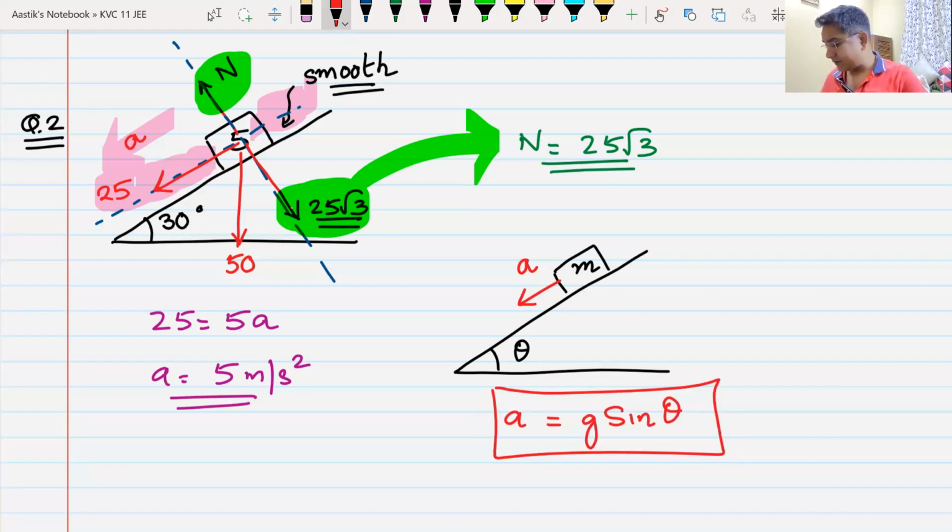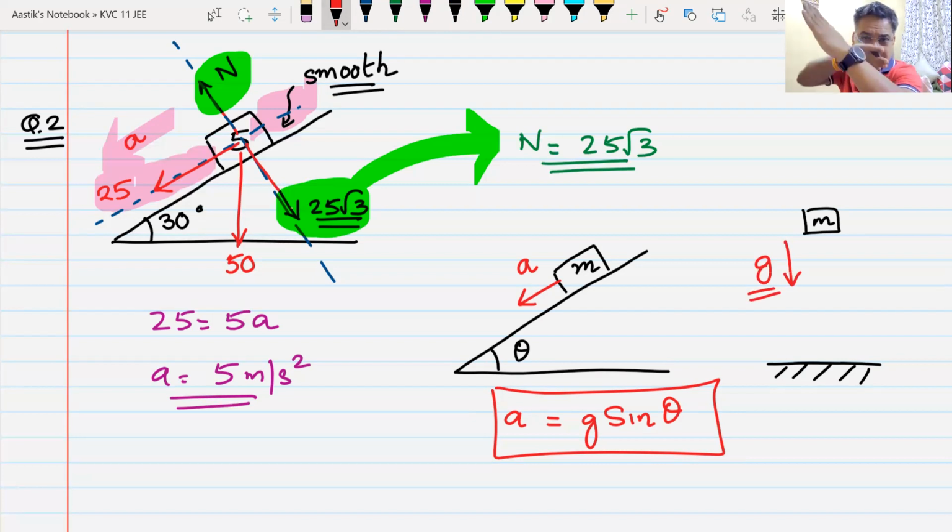Now, if I compare it with a body or block which is falling straight downwards, its acceleration is g. If it is falling down a smooth inclined plane, the acceleration is g sine theta.